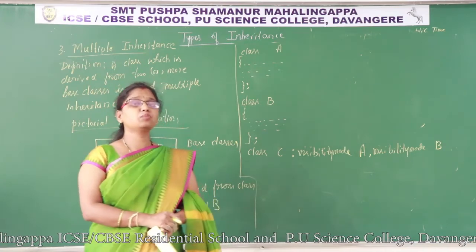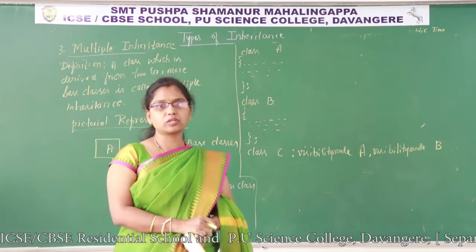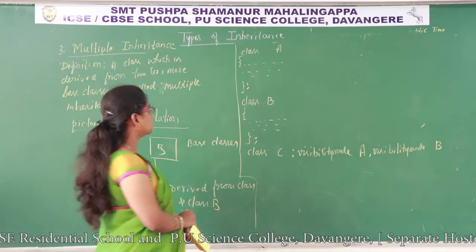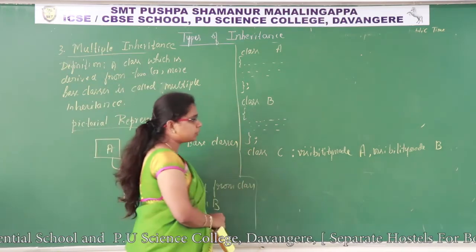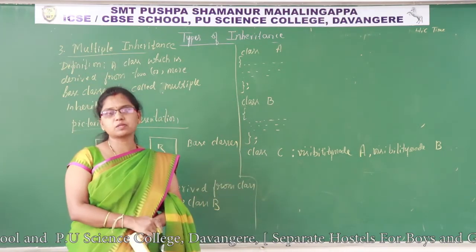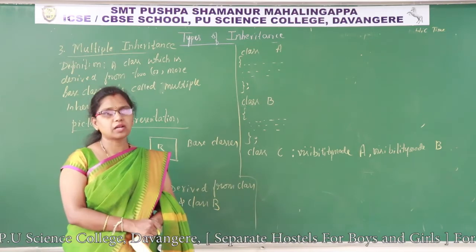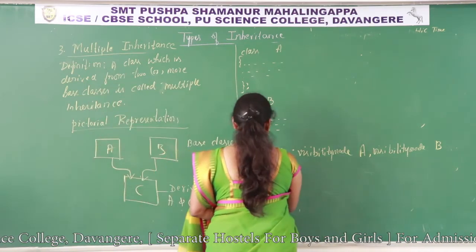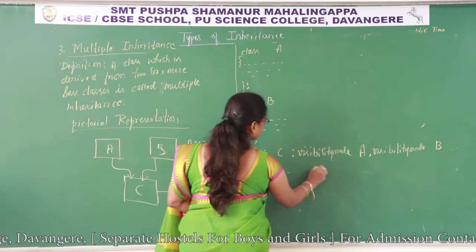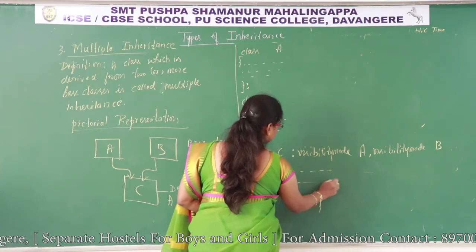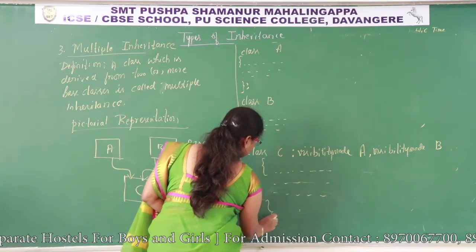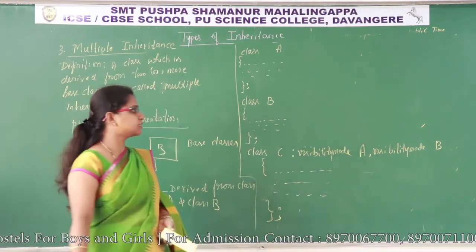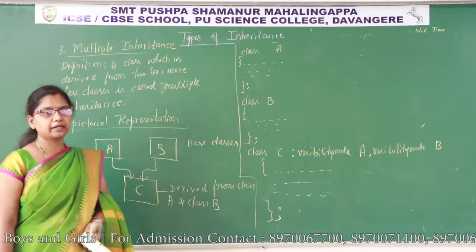It is not mandatory to take the same visibility mode for both classes. But in the previous example, I had taken the same visibility mode to inherit these two classes. So this would be the syntax of multiple inheritance.